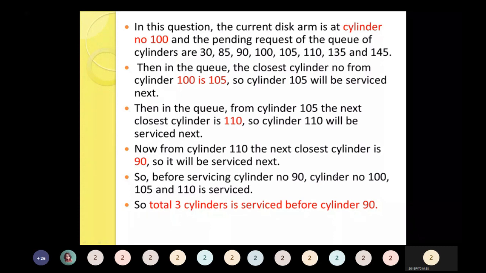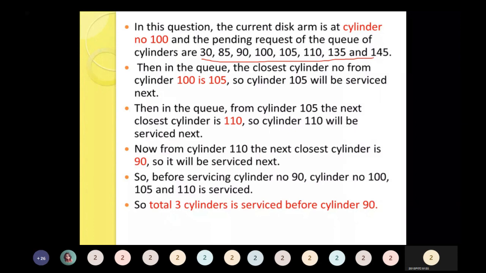The current disk arm is at cylinder number 100, as I already mentioned. These are my requests.